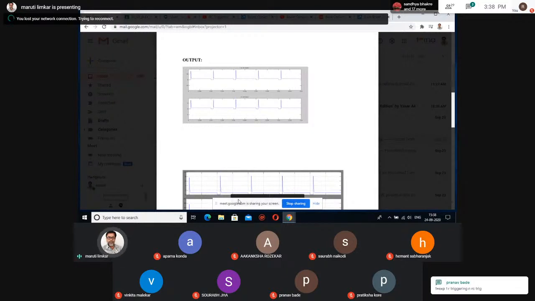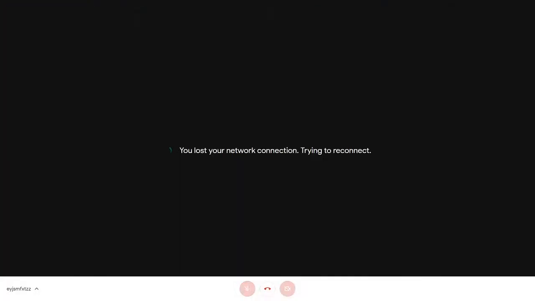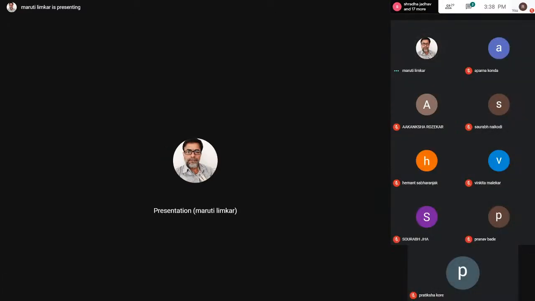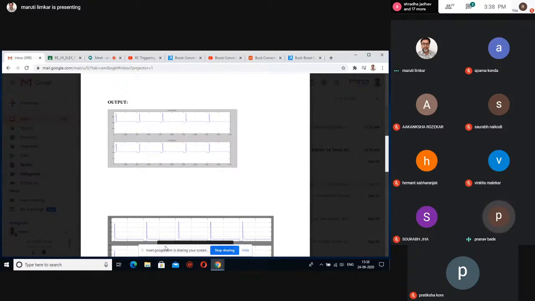Fifth experiment is... Can you repeat from third? I will say again. First experiment is R triggering and RC triggering. Second experiment is UJT triggering circuit.